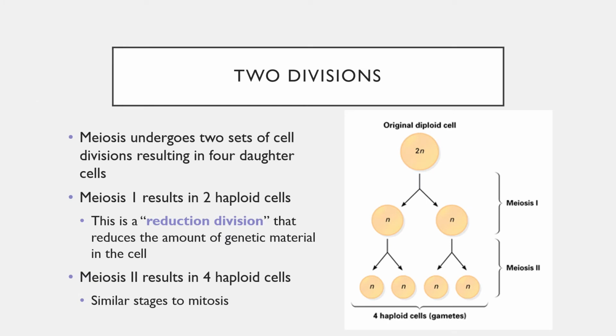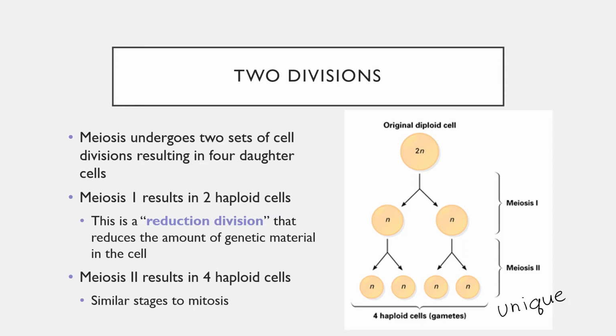Now, meiosis, we're going to undergo 2 sets of cell divisions, and we're going to get 4 daughter cells as a result. These daughter cells are all going to be unique. They're going to have their own individual mix of the original organism's genome.